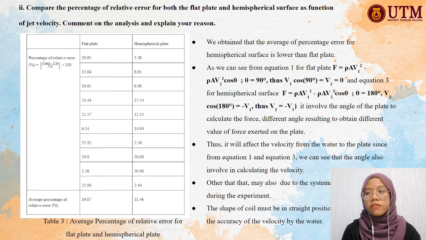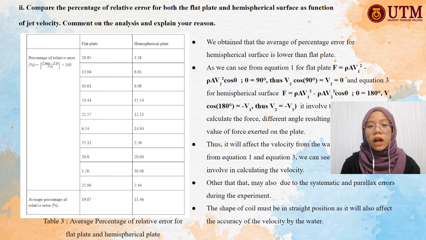Thus, it will affect the velocity of the water to the plate, since from equation 1 and equation 3 we can see that the angle is also involved in calculating the velocity. Other than that, it may also be due to systematic and parallax errors during the experiment. The shape of the coil must also be in a straight position, as it will affect the inaccuracy of the velocity of the water.